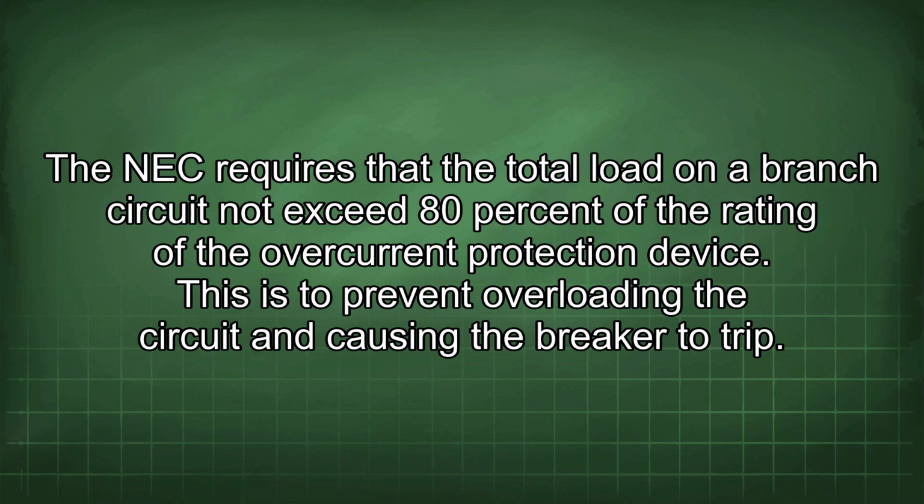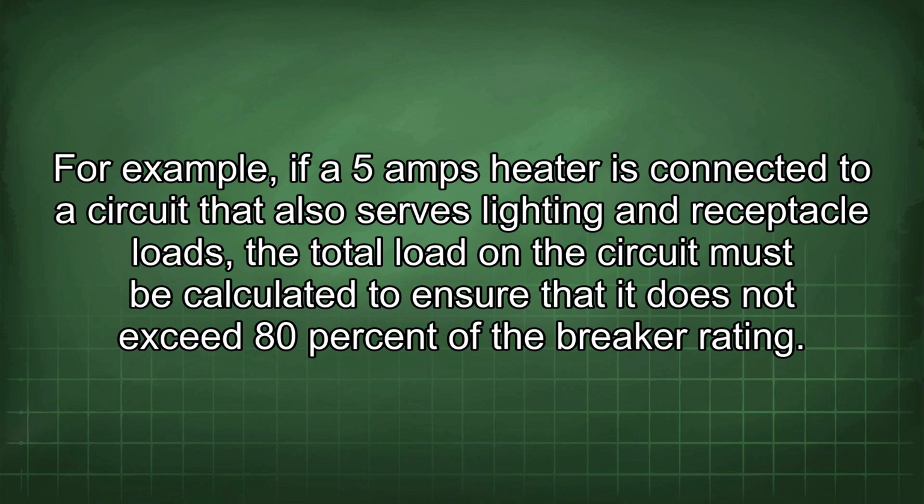The NEC requires that the total load on a branch circuit not exceed 80% of the rating of the overcurrent protection device. This is to prevent overloading the circuit and causing the breaker to trip. For example, if a 5 amps heater is connected to a circuit that also serves lighting and receptacle loads, the total load on the circuit must be calculated to ensure that it does not exceed 80% of the breaker rating.